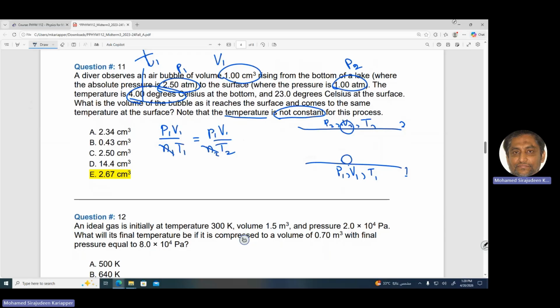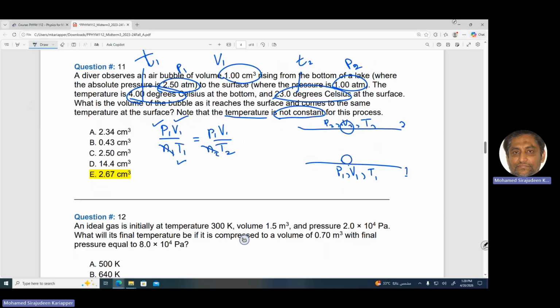And what is this? That will be T2. I will use the small letter t. So I'll remind myself it is not in Kelvin. So all you have to do is to substitute the values into this equation. P1 is given, V1 is given, T1 is given. What is the question?